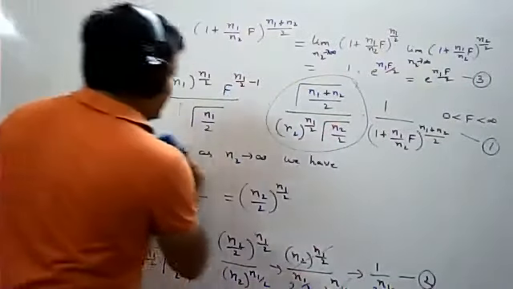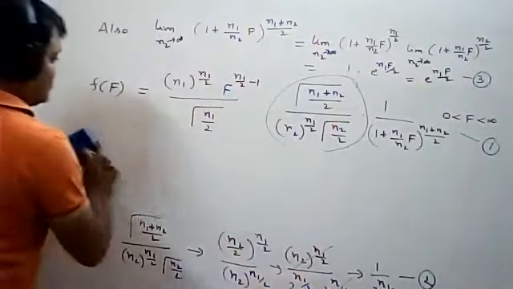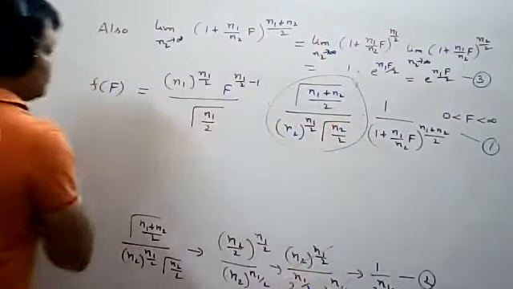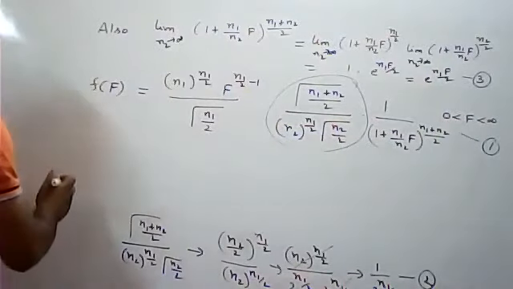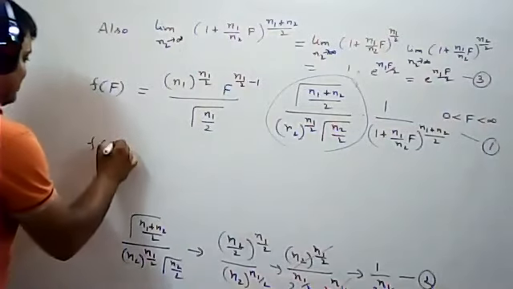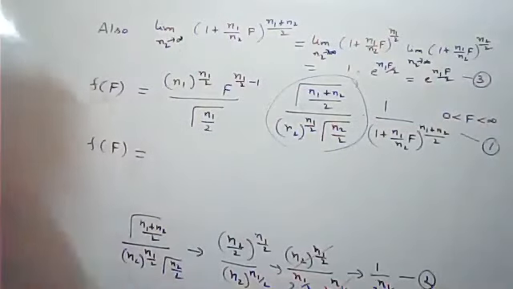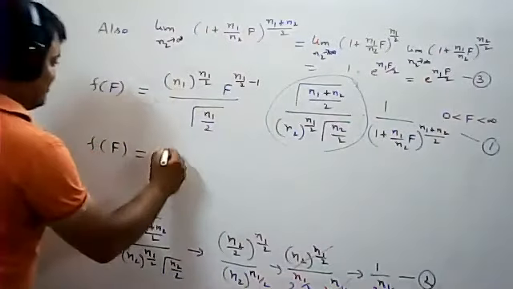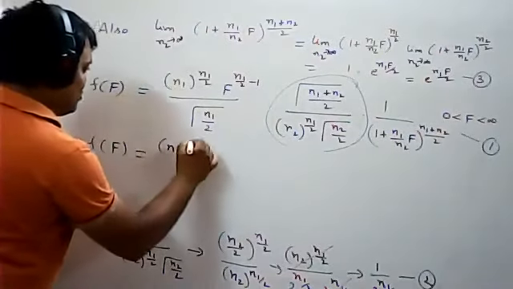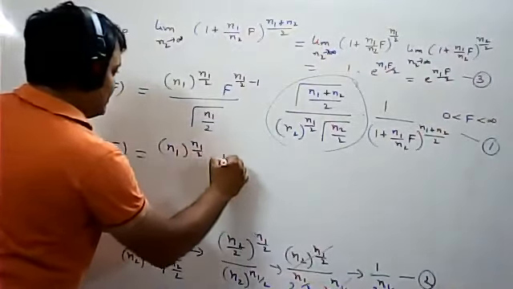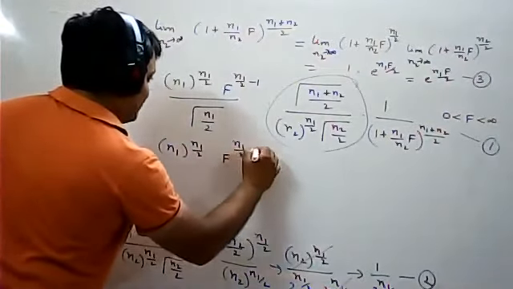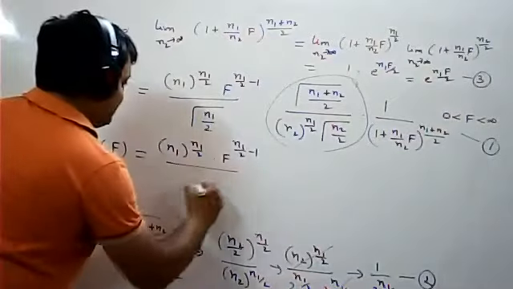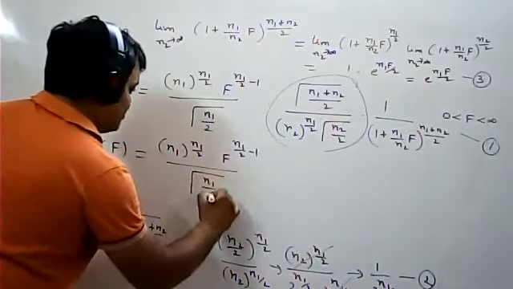Next slide. Substitute 2 and 3 in equation 1. Then we get f of f equal to (n1) whole power n1 by 2 into f power (n1 by 2 minus 1) divided by gamma n1 by 2.